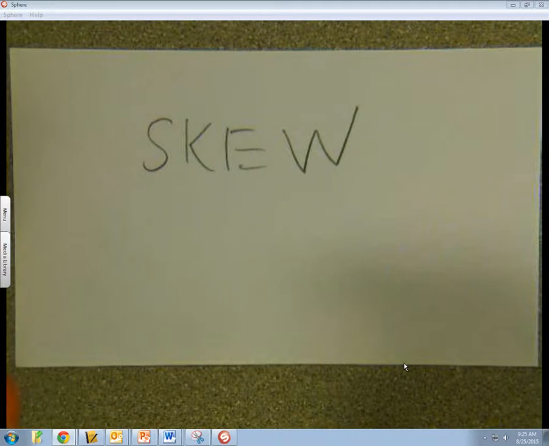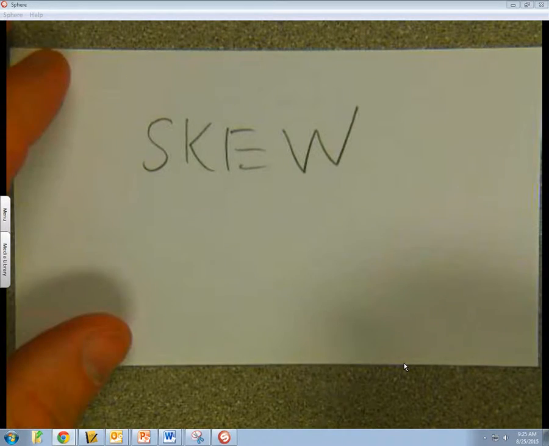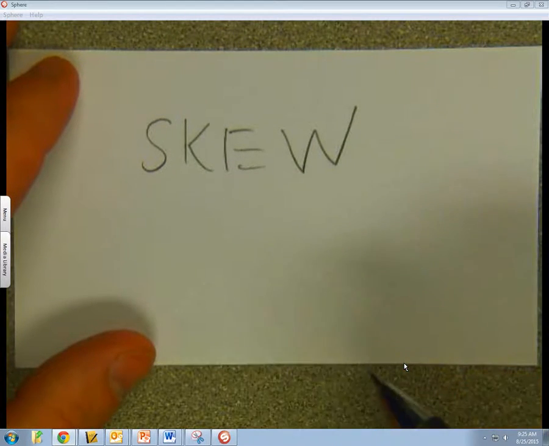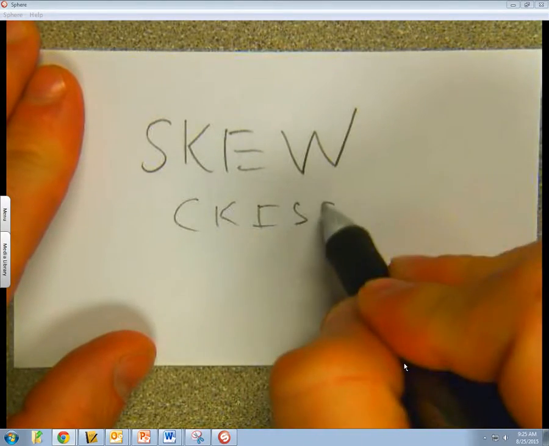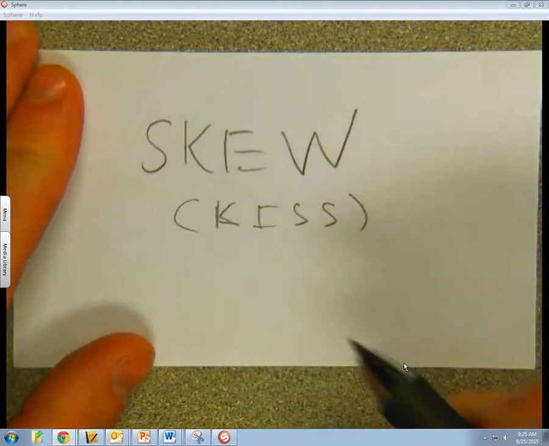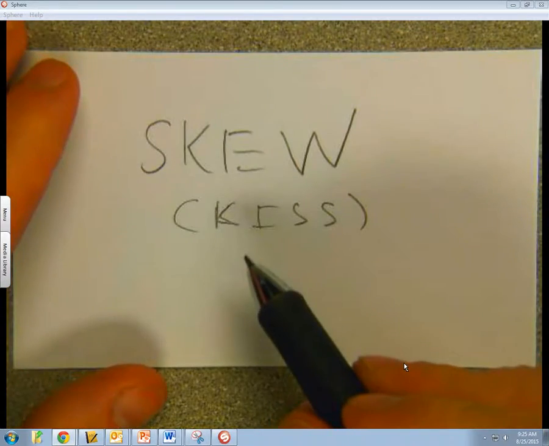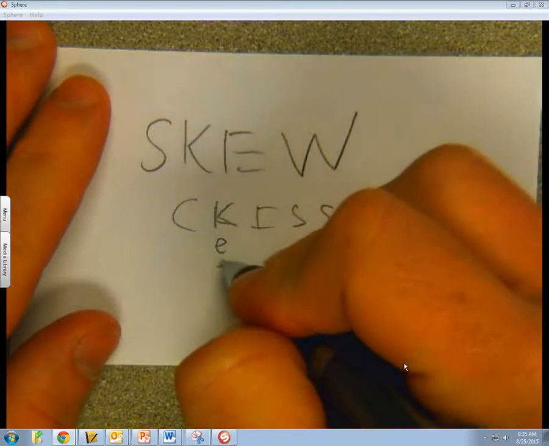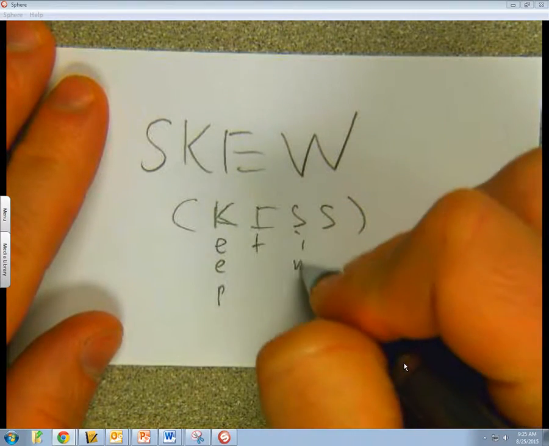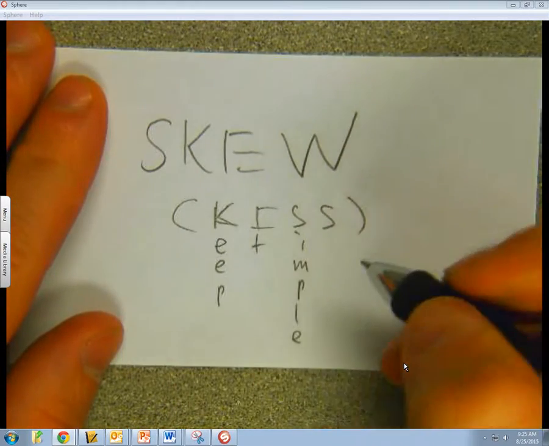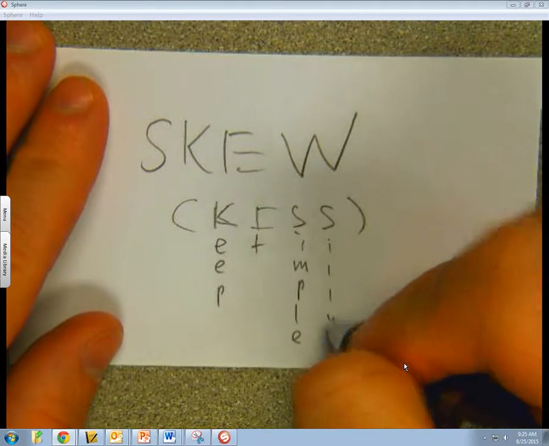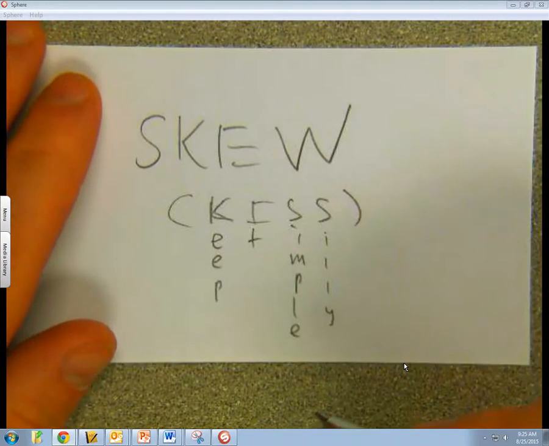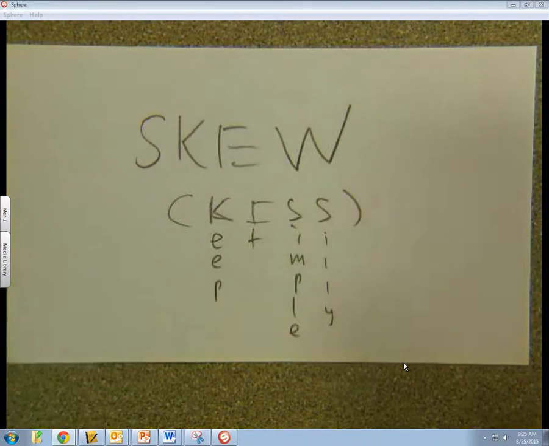So what I'll say about this is this: KISS, which is keep it simple, silly. There's other words you can put in for S, but we'll just leave it for silly to keep it clean for the kids. So keep it simple, silly, skew, KISS.